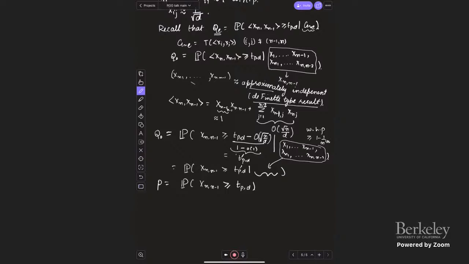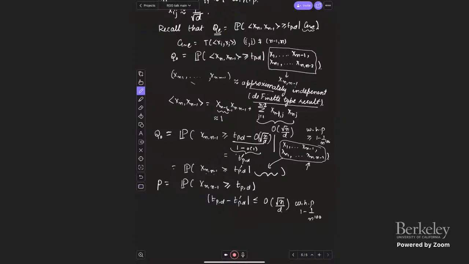We know that the law of ⟨xn, xn−1⟩ is independent of whatever was being conditioned, and that TPD minus TPD prime is at most O of square root n over d with high probability, 1 minus 1 over n to the 100, where the high probability is over what we are conditioning on in the background.